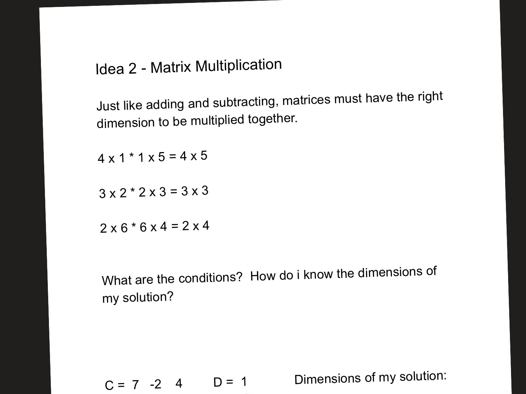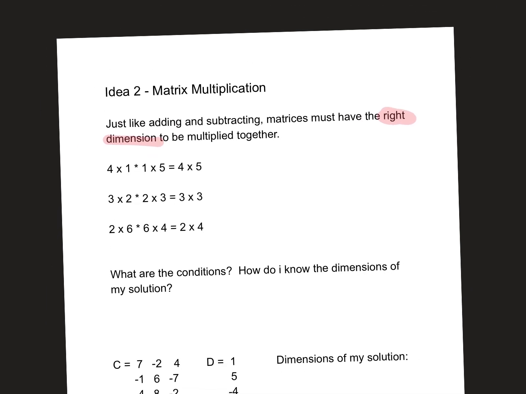So with matrix multiplication, just like adding and subtracting, the matrices must have the right dimensions. They don't have to have the same dimensions, they just have to have the right dimensions, okay? And I'll show you how to know if they have the correct dimensions to be able to be multiplied together. We think about it as what is the dimensions of the two matrices that are being multiplied.